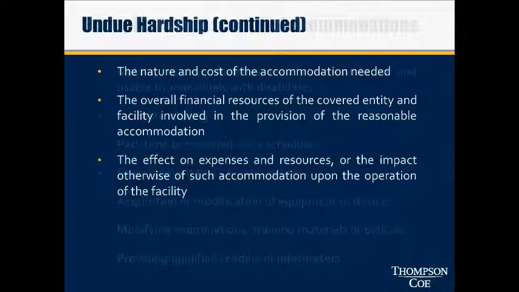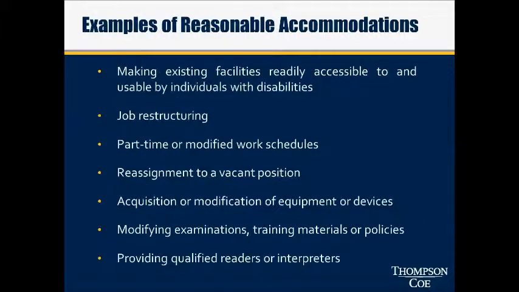So all of those are things to consider when you're evaluating whether or not you can provide that accommodation. That doesn't necessarily mean, though, that all accommodation requests are reasonable. These are some examples of accommodations that are typically considered reasonable. Altering your facility to make it readily accessible to and usable by individuals with disabilities.